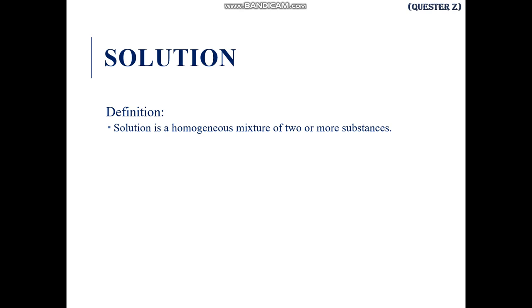A mixture is formed when two or more elements or compounds mix up physically without any fixed ratio. When we do not have a fixed ratio and dissolve two or more substances together, it means we make a mixture.